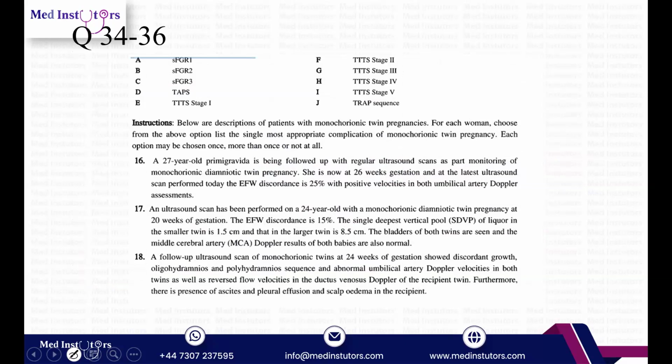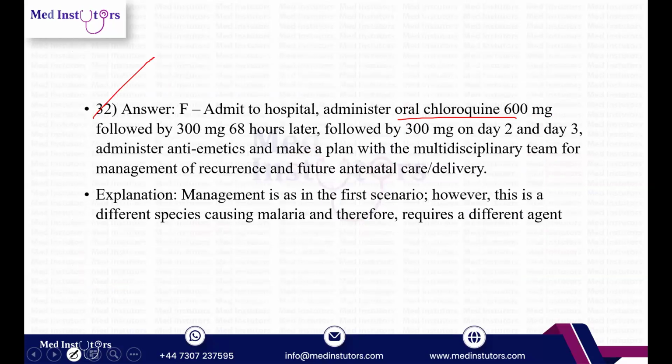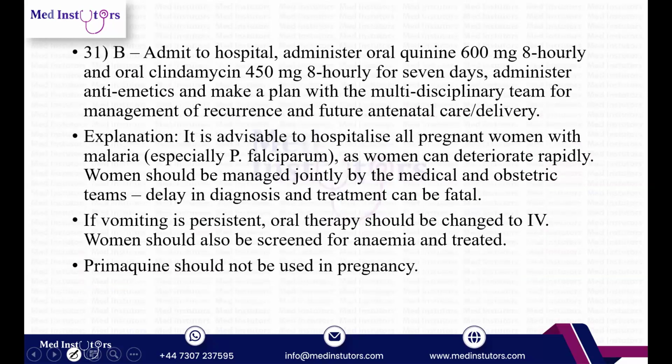Easy questions now. Sorry, what was the 31 answer again? I will go back, doctor. 31 was B, oral quinine. If you go to the table in the malaria treatment GTG, you will find the table will have the first option as this.